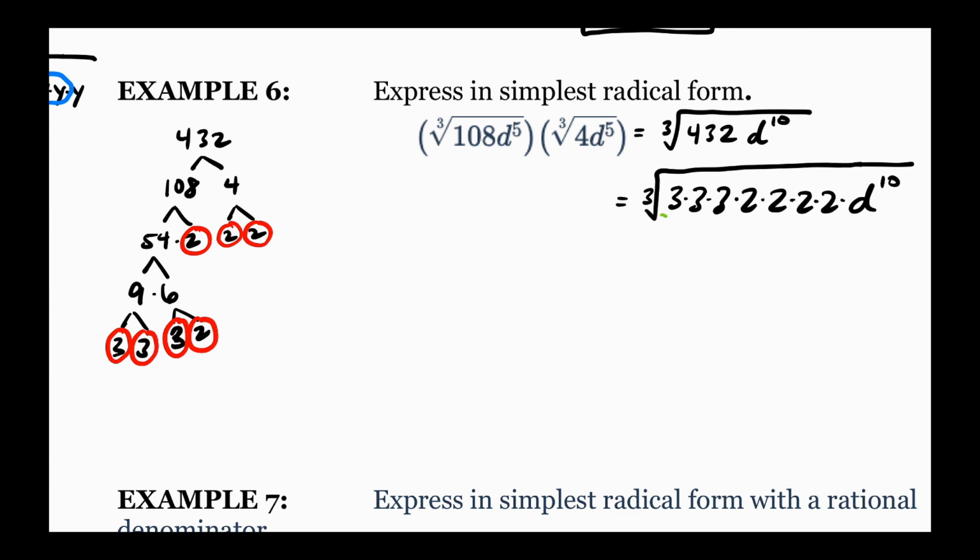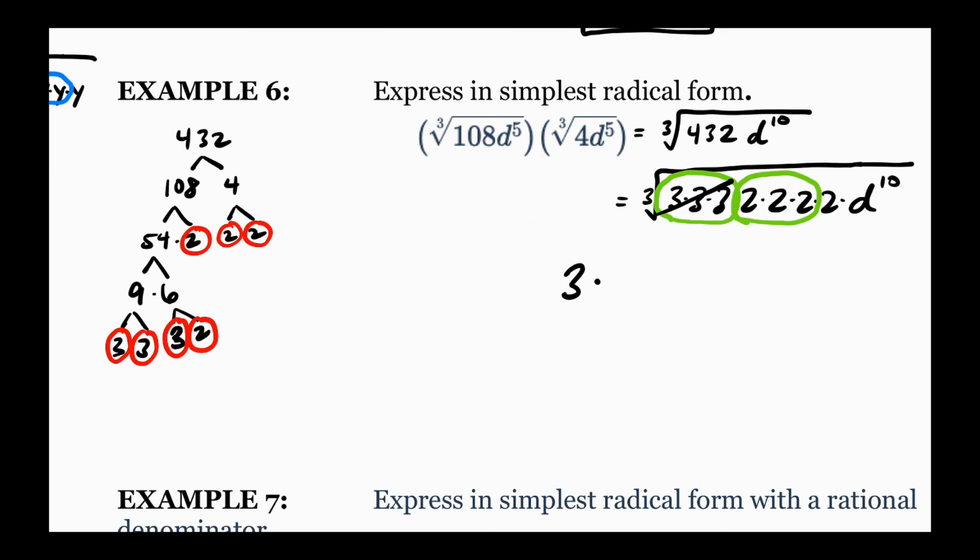Triples. So I've got triple 3. Triple 3 is 27. Well, that's on my list. The cube root of 27 is 3. Cross those out.